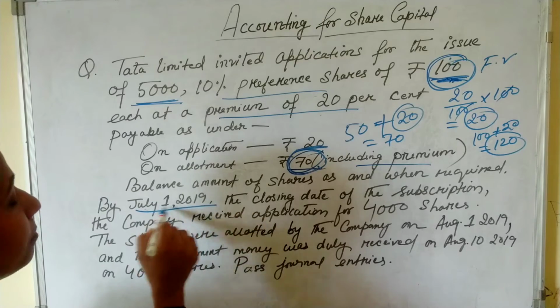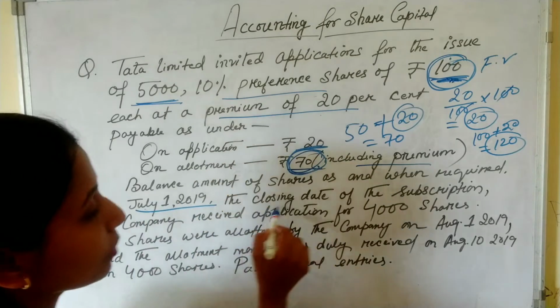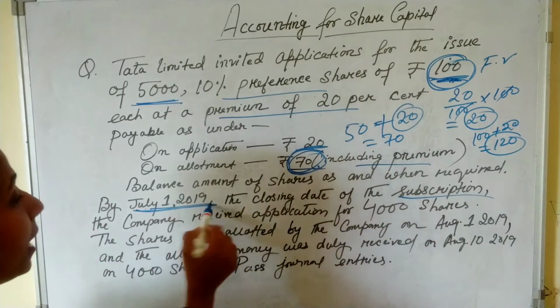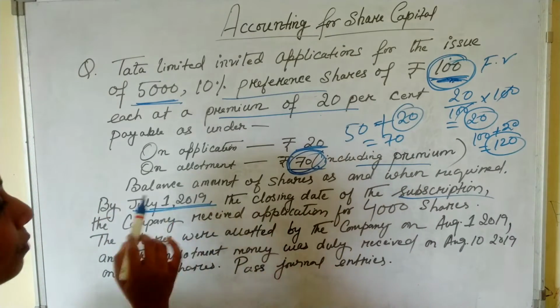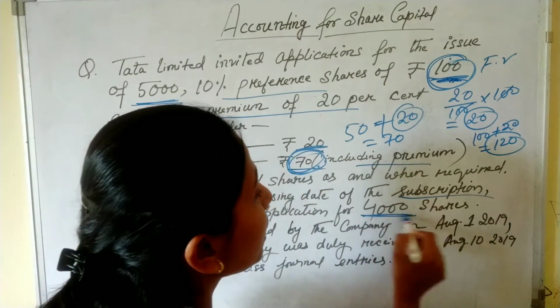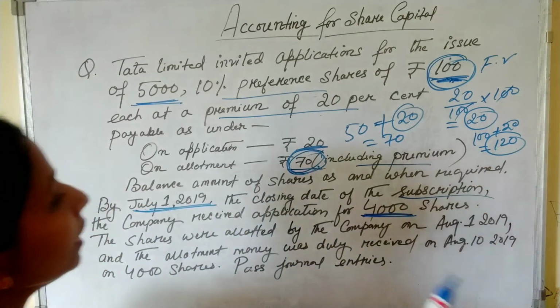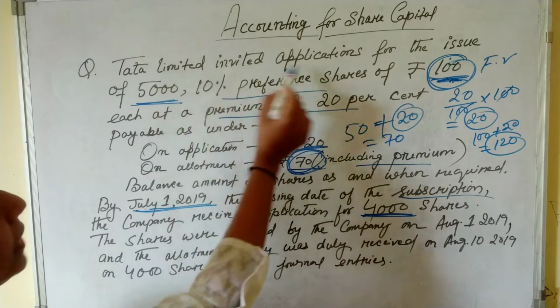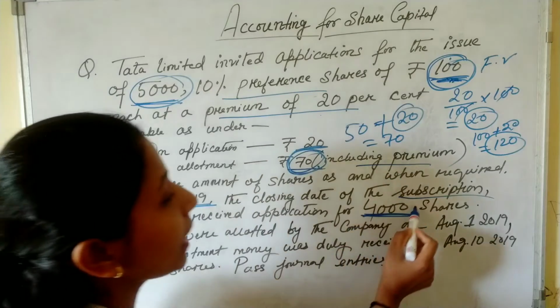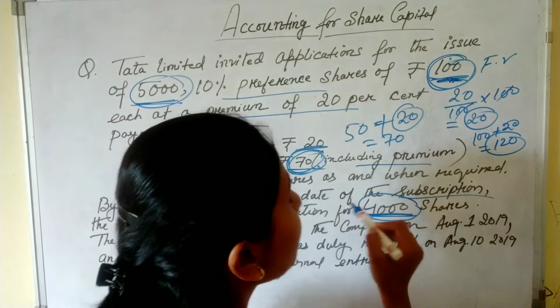By July 1, 2019, the closing date of the subscription. This is the closing date of the subscription. Mark the date, July 1, 2019. The company received applications for 4,000 shares. Now see, the company has invited the public for 5,000 shares, but the public has applied only for 4,000 shares.